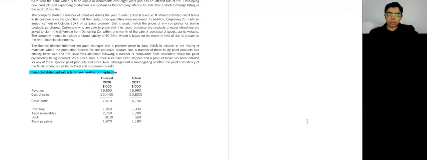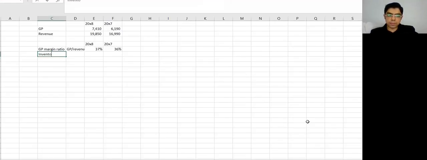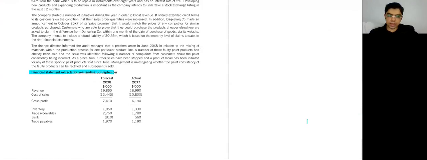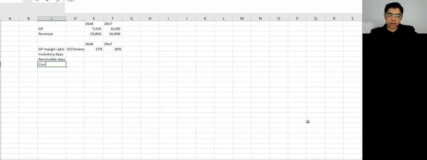Then what else could you calculate? You could calculate the inventory days. You could calculate the receivable days because you have the receivable number as well. You could potentially calculate the current ratio. So inventory days is inventory divided by cost of sales multiplied by 365.